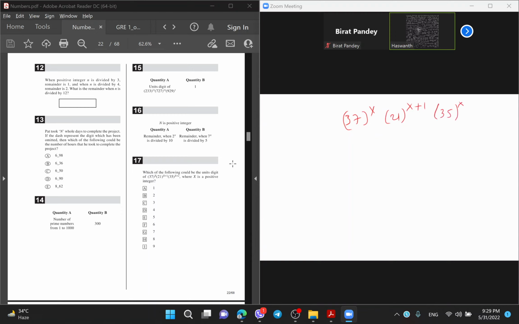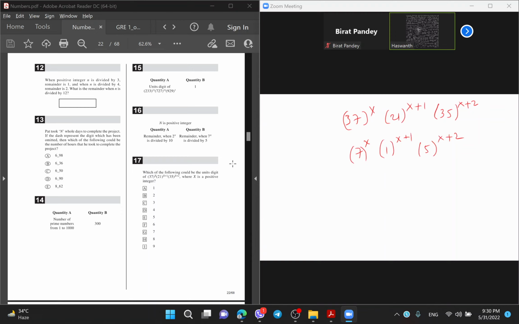As he is asking us units digit, only consider the units digit of these numbers. 37 power x is 7 power x, into 1 power x plus 1, into 5 power x plus 2. Now find out what will be the units digit of this product.